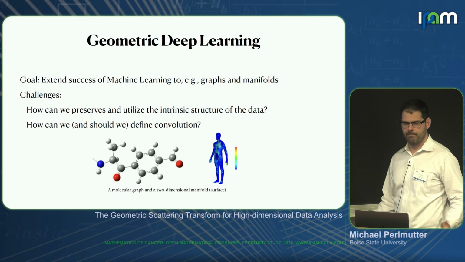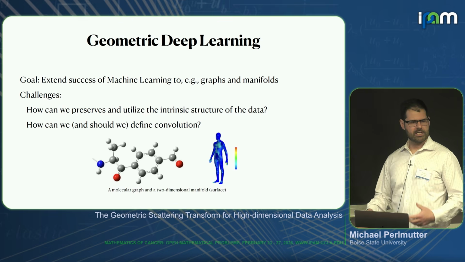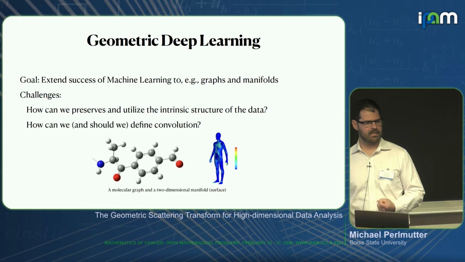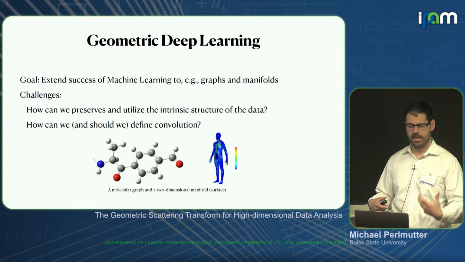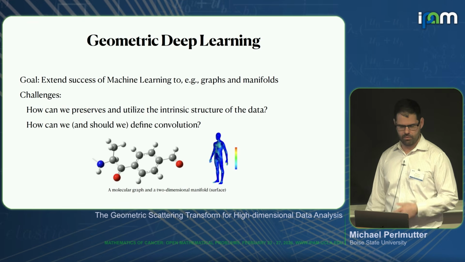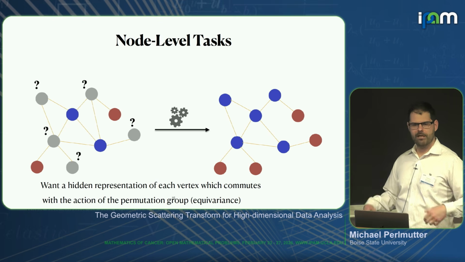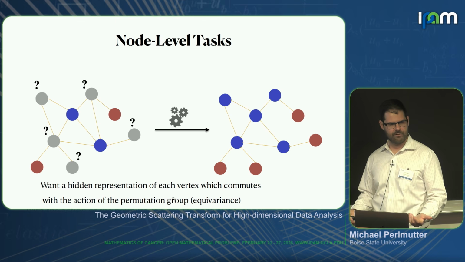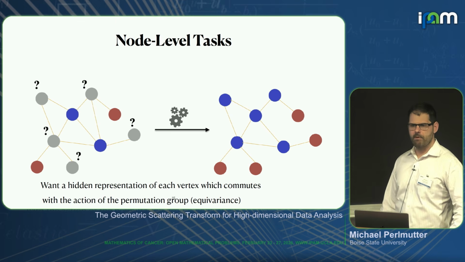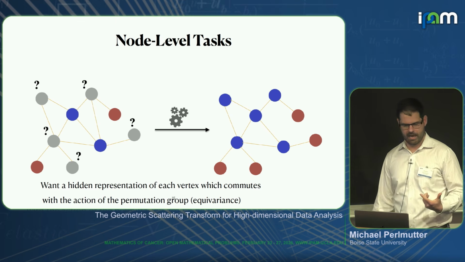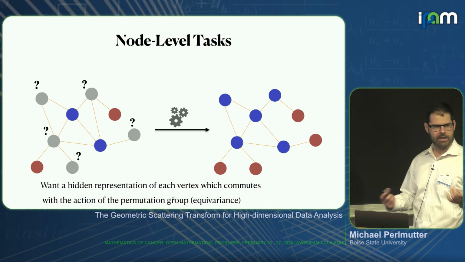Now I'm going to pivot towards geometric deep learning, which tries to take the success of CNNs and the insights into the importance of symmetry in the data set and extend this to graphs or manifolds or other measure spaces, preferably in a manner that preserves the intrinsic structure of the data. The most widely studied family of tasks is node-level tasks, where you've got one big graph.